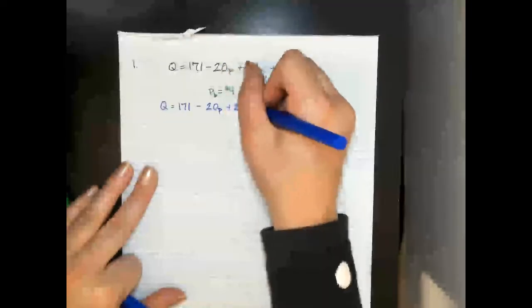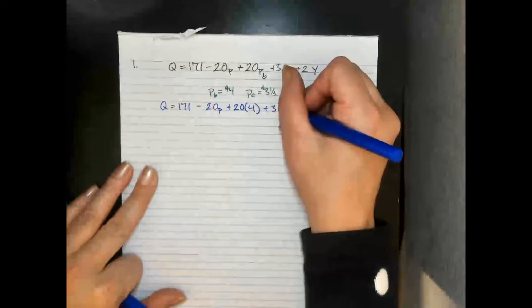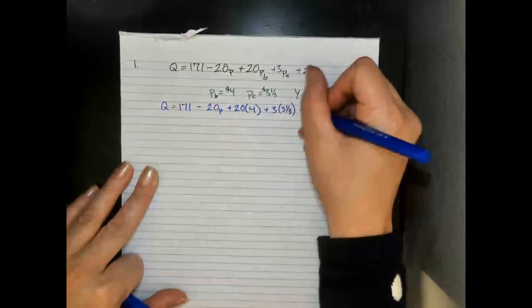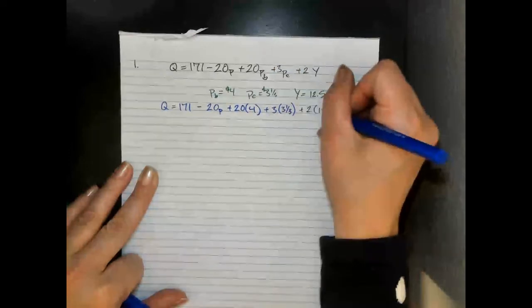We get Q is equal to 171 minus 20P, plus 20 times the price of beef, which is 4, plus 3 times the price of chicken, which is 3 1/3, and 2 times income, which is 12.5.